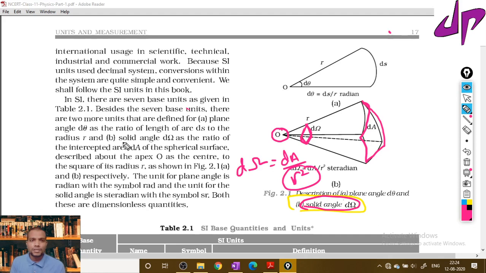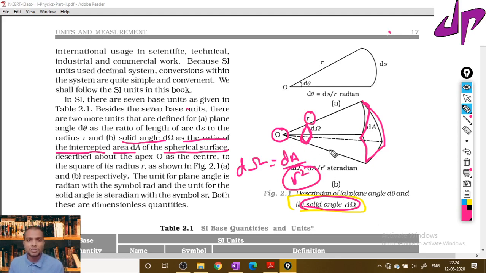If you see the definition, the solid angle d omega is the ratio of the intercepted area dA of a spherical surface to the radius square. Here the radius r is the radius of the sphere.